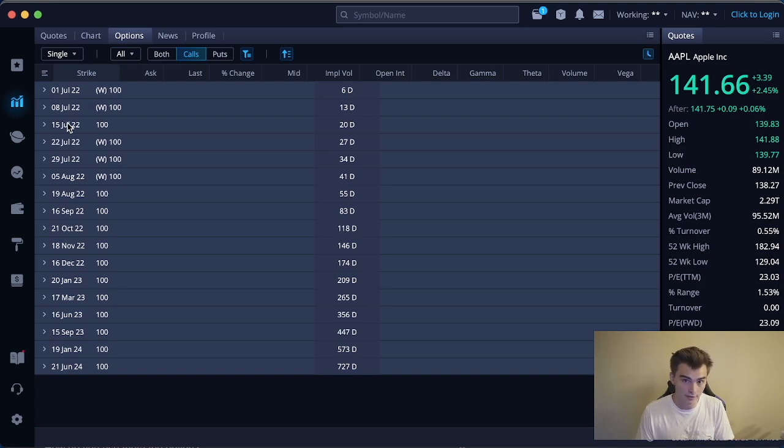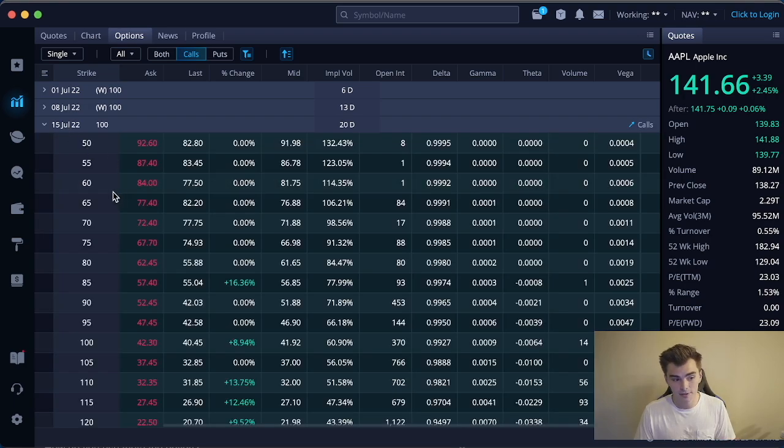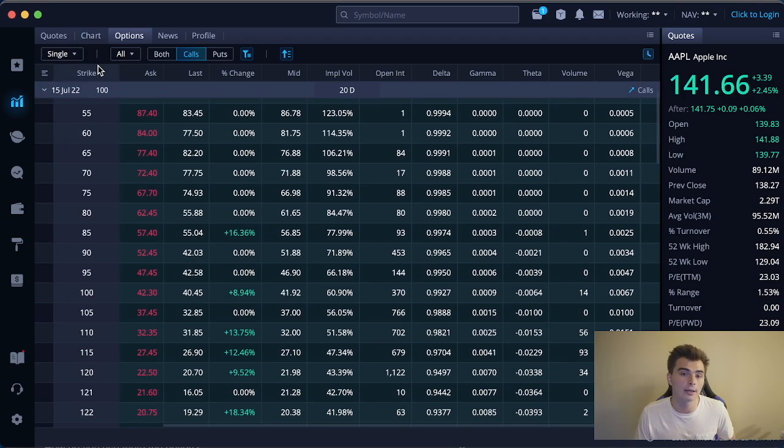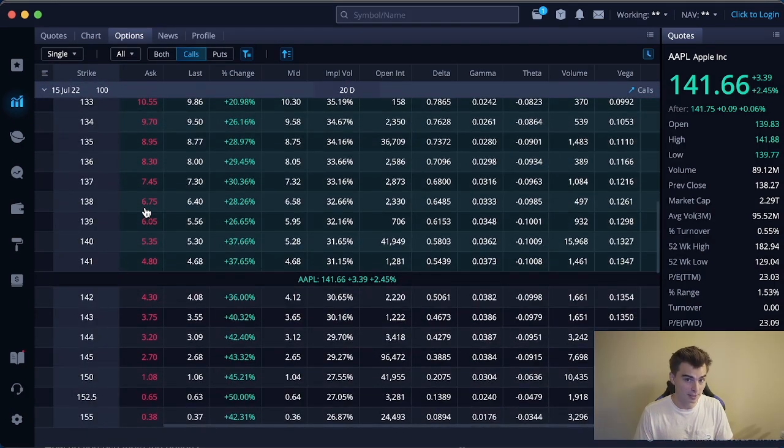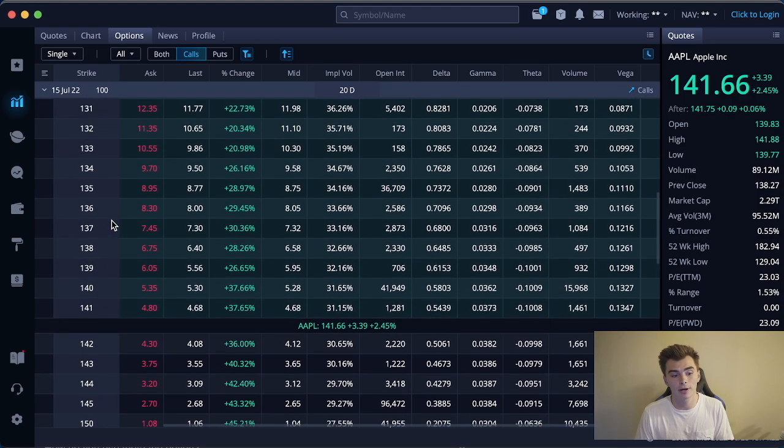Now, another part of that definition is at a specific price. The specific prices here are what we call the strike prices in the options world. For calls, anything with a strike price below what the stock is currently trading at is classified as an in-the-money call.